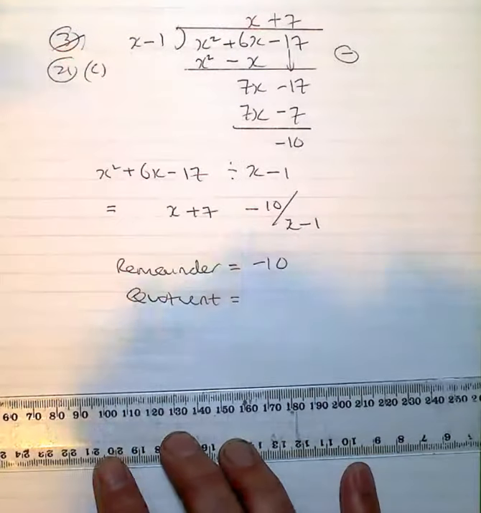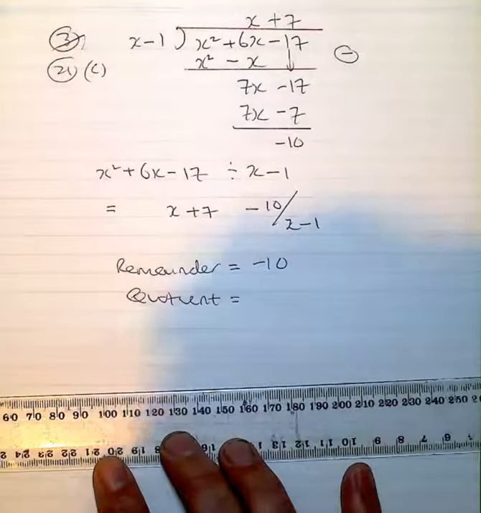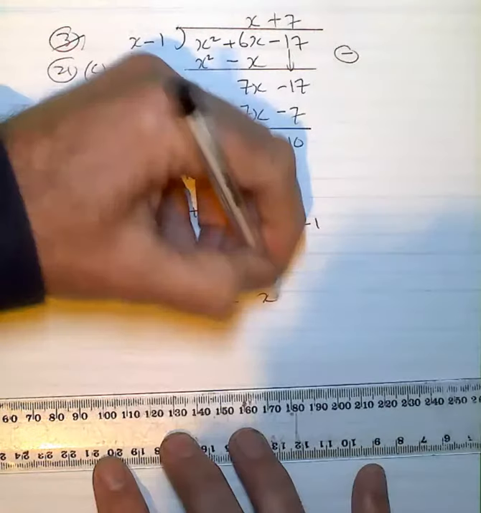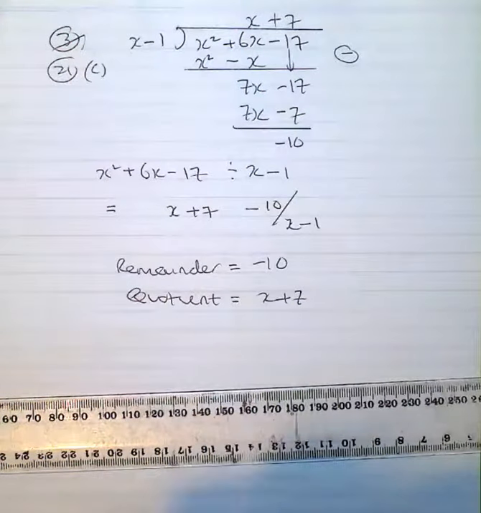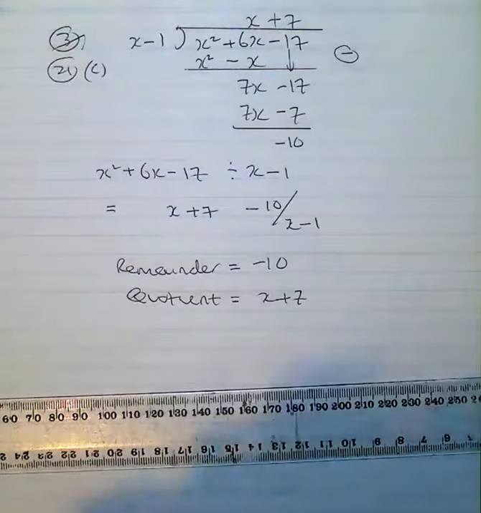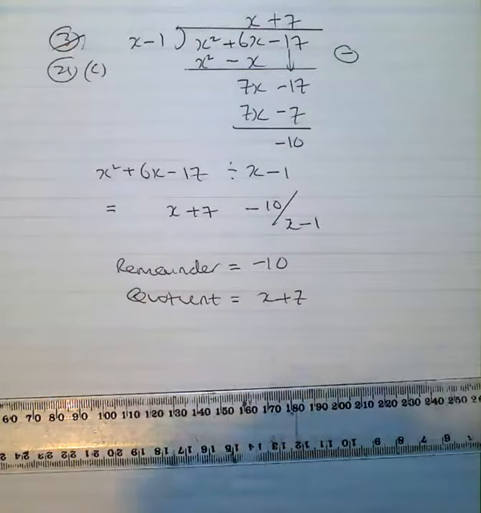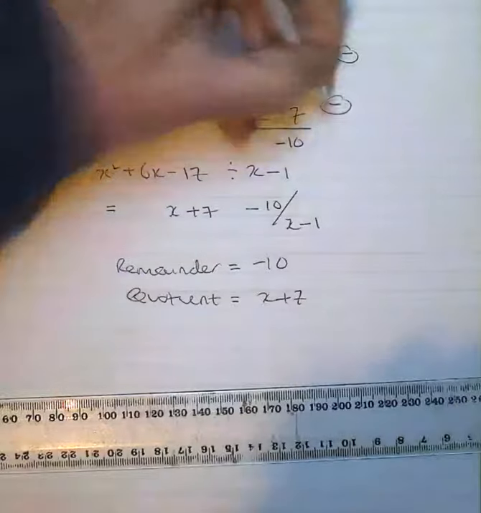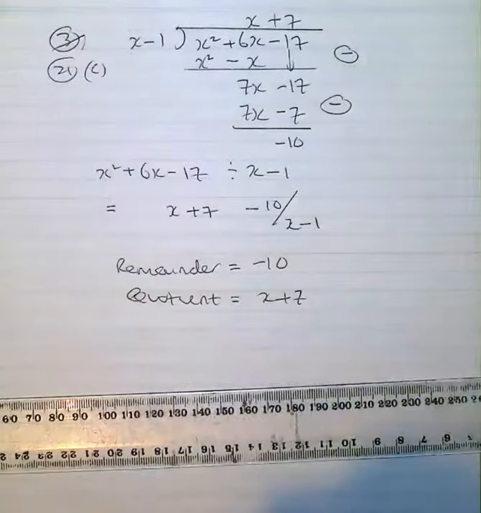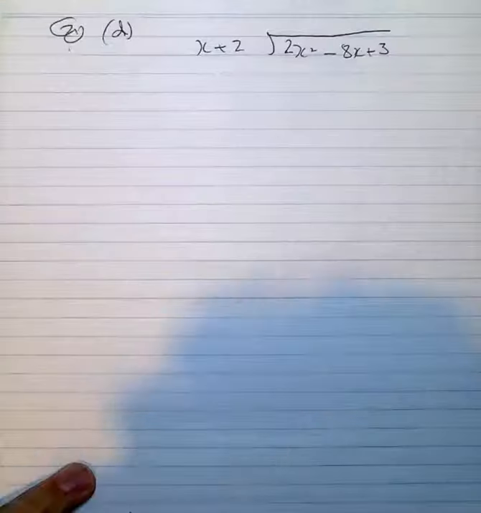In this instance, the quotient is going to be x plus 7. You'll notice as you set these out, the key to success is neat presentation, working down the page as you go, subtracting and aligning everything, a little like you would have done years ago with your long divisions.